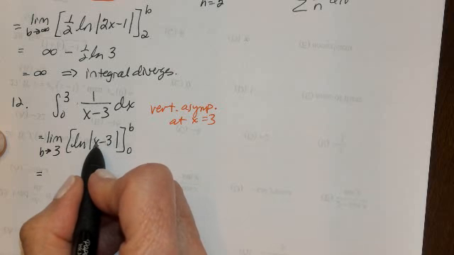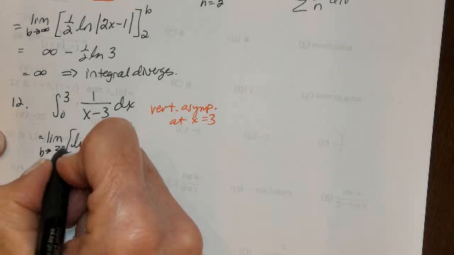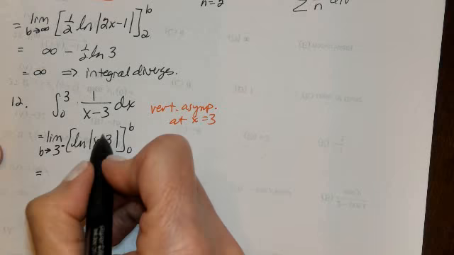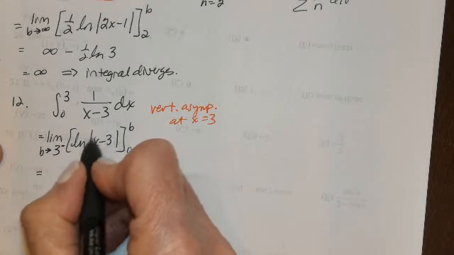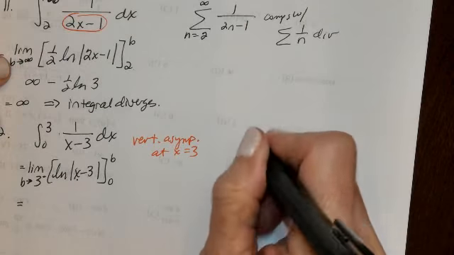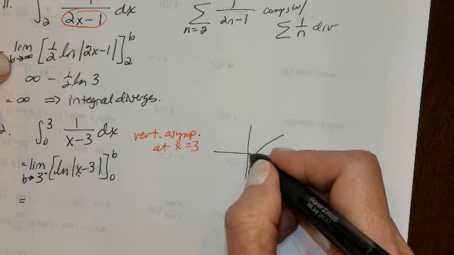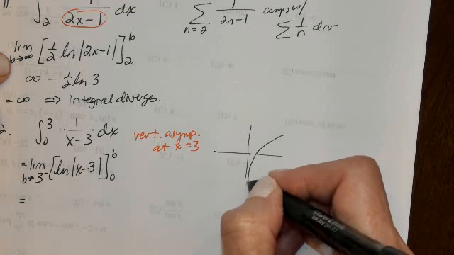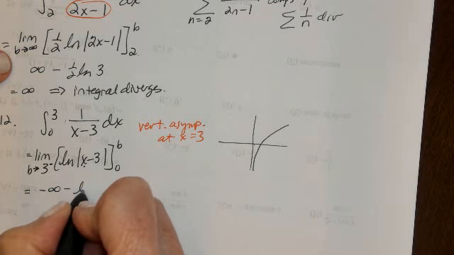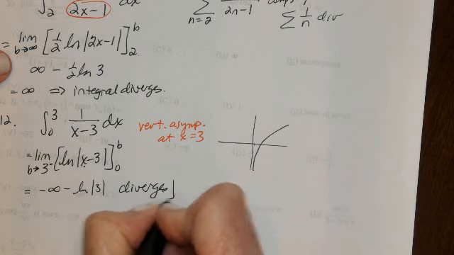We're coming at 3 from the left, right? So b is going to 3, so this is going to 0. And our little natural log graph, what happens as x goes to 0? As x goes to 0, y is going to negative infinity. So this is going to negative infinity minus natural log of 3. So this integral diverges.